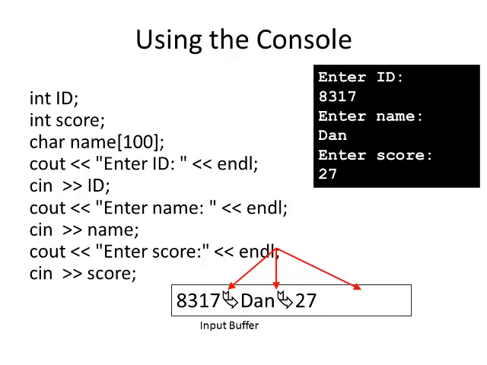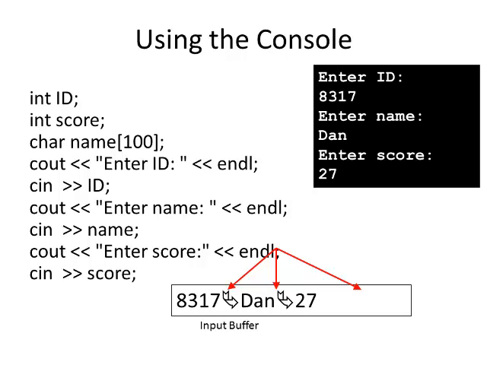And I'll say cout enter score, and then I'll use cin to put it into my variable called score. If I look at my data stream, all the data coming in from the keyboard, I have 8317 and then the enter key, and that's what's going to go into the ID, and then Dan, D-A-N, and then the enter key, and that's what's going to go into the variable name, and then 27, and that goes into the score. So far so good?